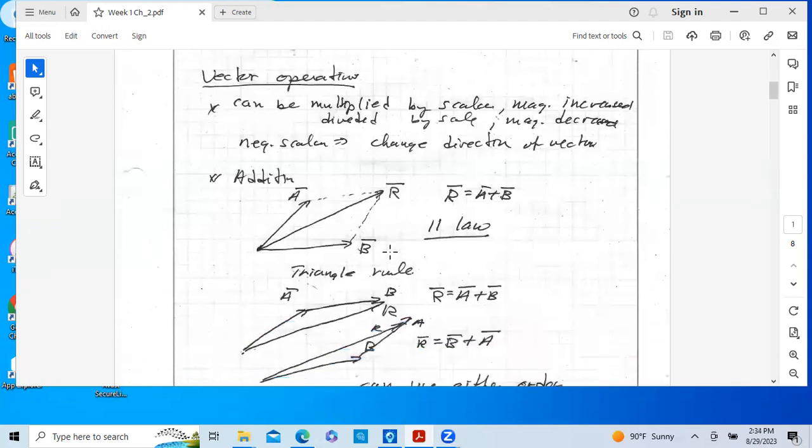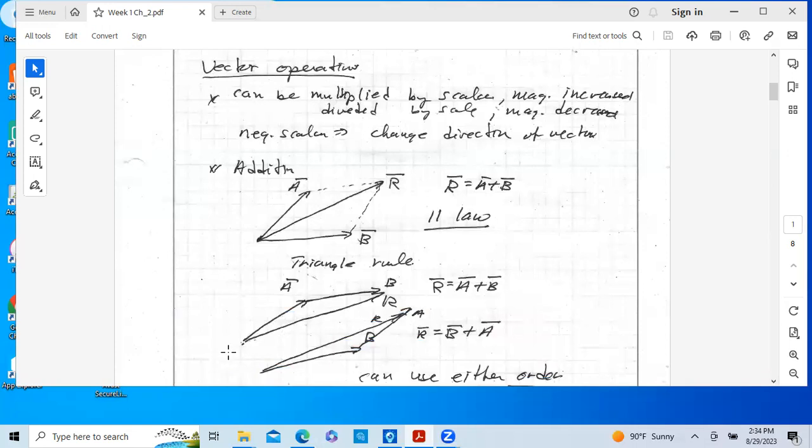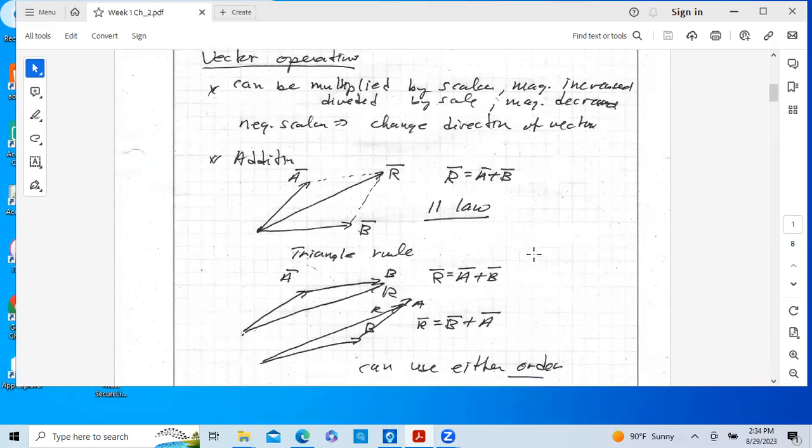We can also use the triangle rule, A plus B. So here's A plus B, and the resultant goes from the beginning of A to the end of B. Again, you've got to use the trig law of sines and law of cosines to do these solutions.